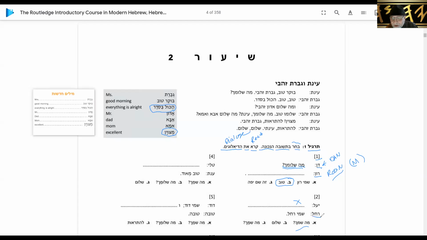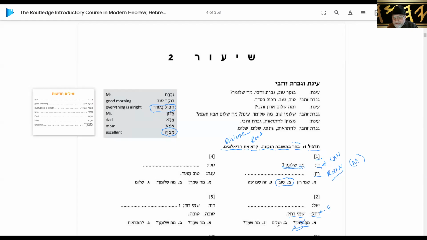But we know that Raquel is saying, Shemi Rachel. My name is Rachel. So what precedes that? We'll have to figure that out. Okay, so first we have Ma Shemcha. What is your name? Well, it can't be this one, I don't think, because I'm almost certain that Raquel is a female. So that would only fit with a male, so that's no good.